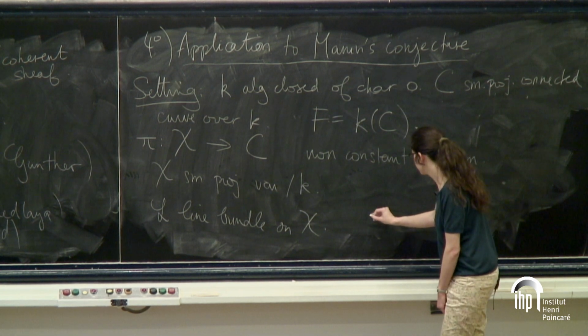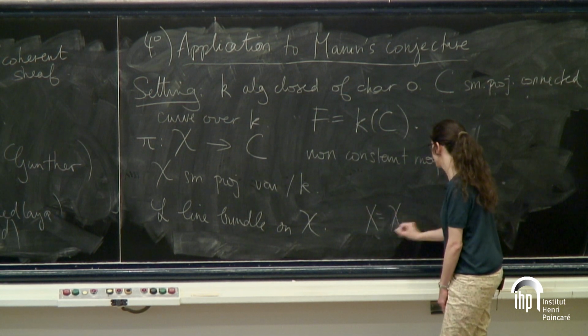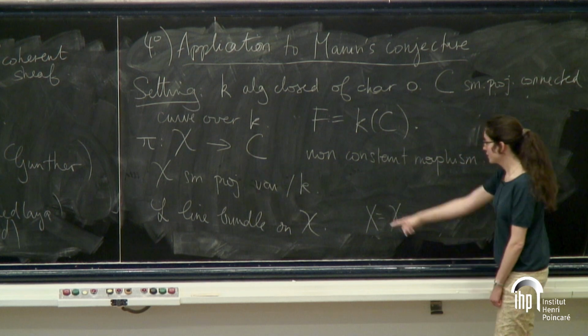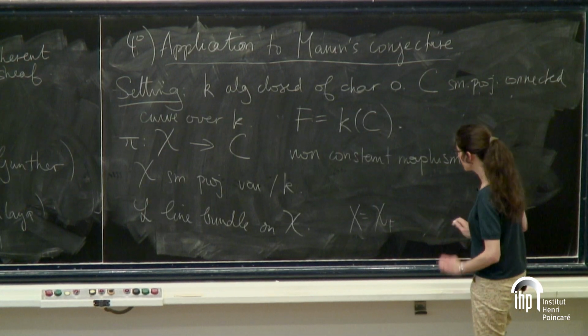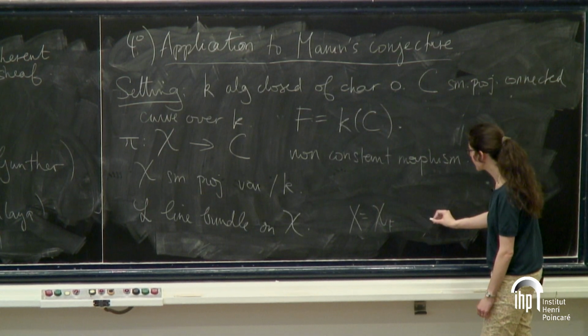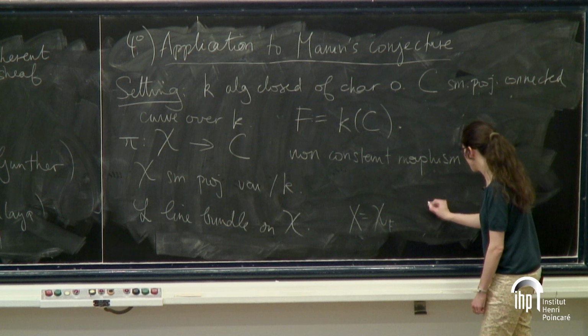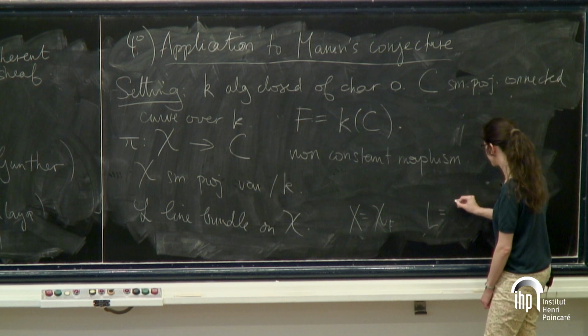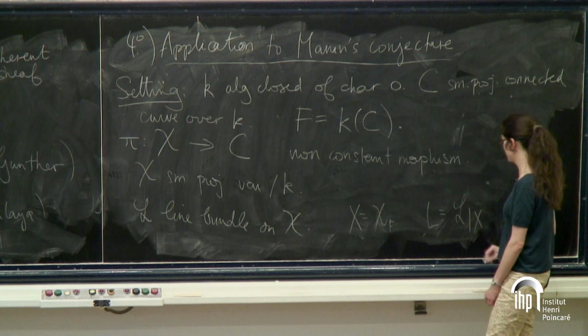So I define straight X to be the generic fiber of script X, and straight L to be the restriction of L to straight X.